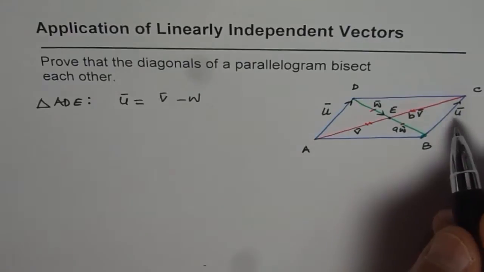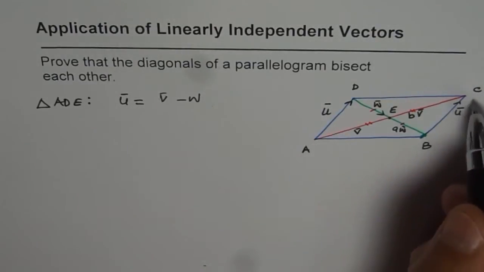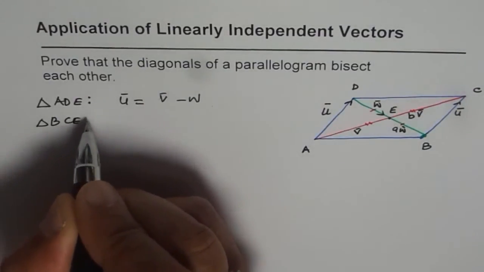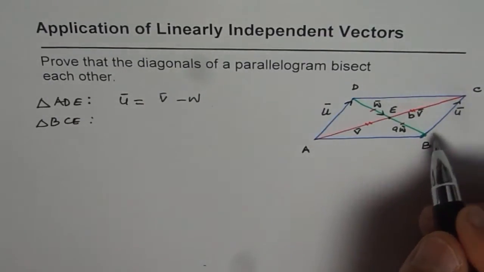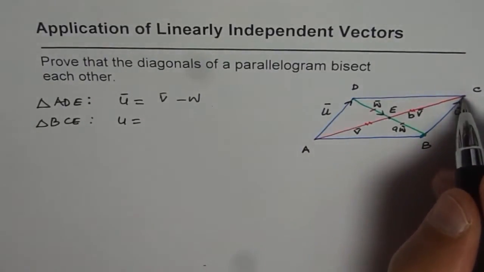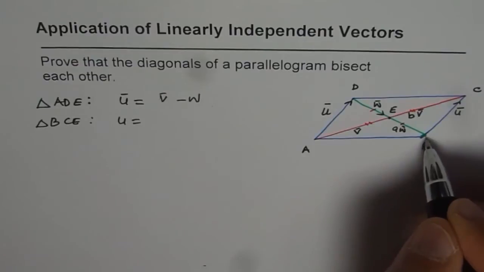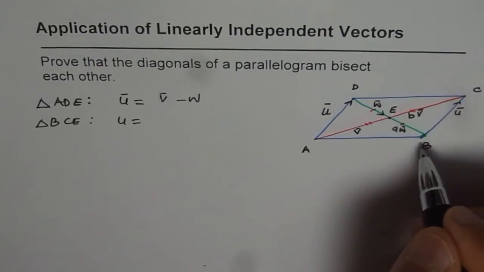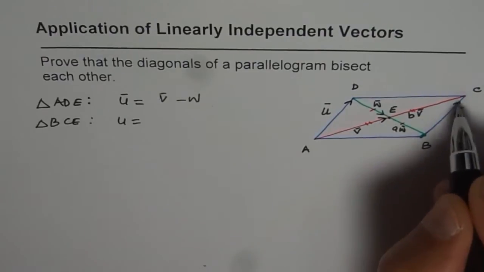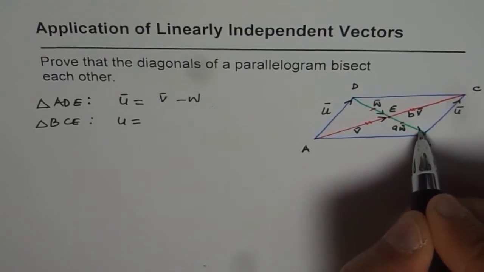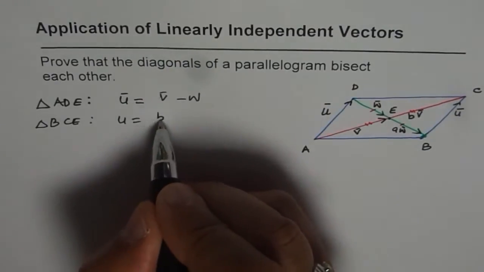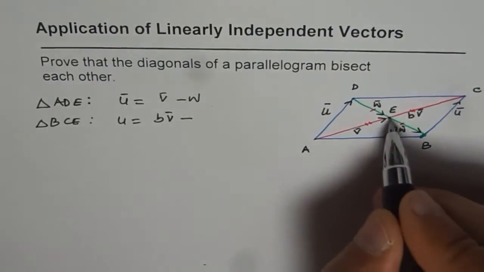Now if you look at the other triangle, which is BCE, we get vector u is equal to BE plus EC. Let me give the directions also, it'll be simpler. This is this direction. So vector u will be BV minus AW.